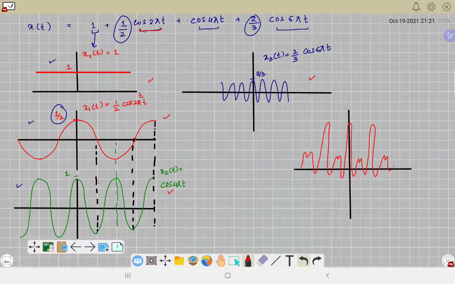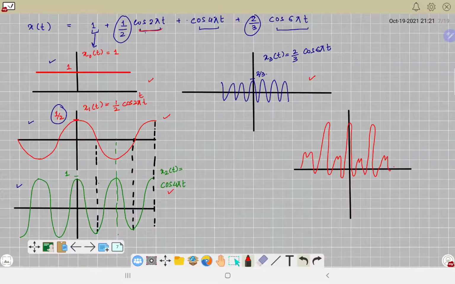So this was a typical example that tells you that whenever we express our signals in terms of these Fourier series, they will have individual components. Like in this case we had 4 components. First one was a constant component, then we had 3 more components which were sinusoidal in nature, and their frequencies were related. So in other words, they were harmonically related.